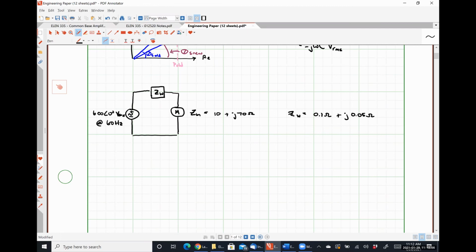All right, so who can tell me how I would go about determining two pieces of information here: the complex power that's being supplied by my source and the power factor at which my source is operating?